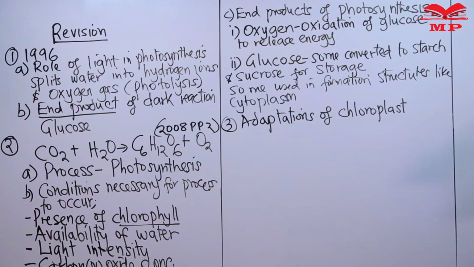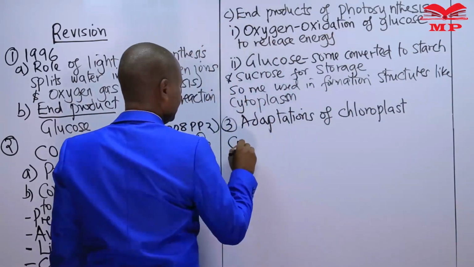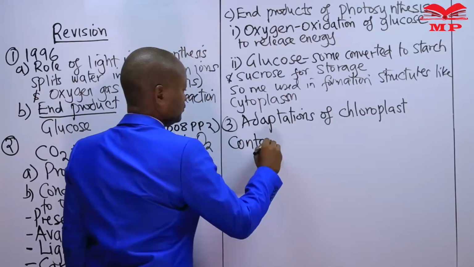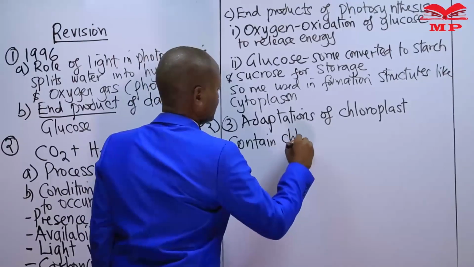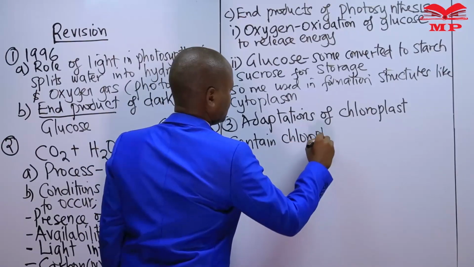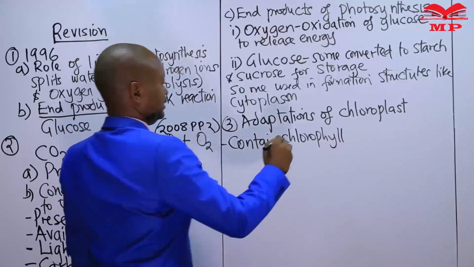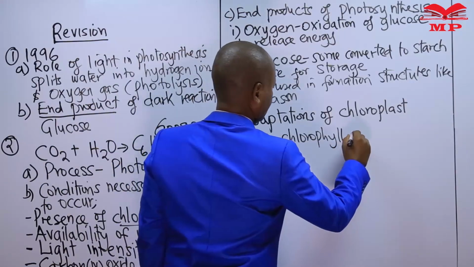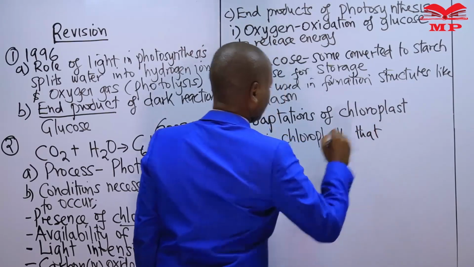So the first one is the chlorophyll. Chlorophyll pigment which traps light energy. So it contains chlorophyll, and what is the function of the chlorophyll?